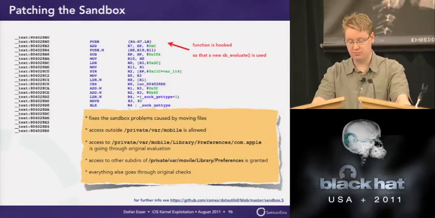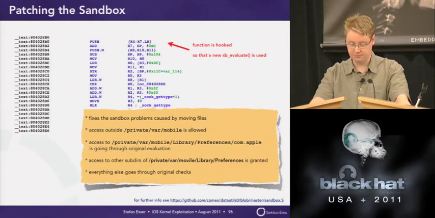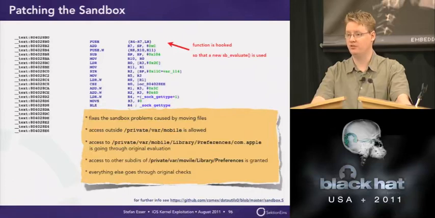If the access is inside private var mobile library preferences apple something, it's going through the original evaluation. It's passing to the original handler. When it's in another subdirectory of this private mobile library preferences, then its access is granted. And everything else goes through the original check. So you see that the sandbox is not completely disabled here. They just made some exceptions so that it would still work.